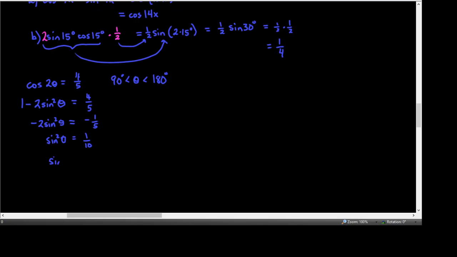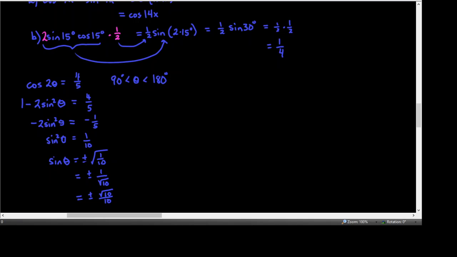So that means that sine of theta is equal to plus or minus the square root of 1/10, which is plus or minus the square root of 1 over the square root of 10. And then rationalizing, we get plus or minus the square root of 10 over 10.